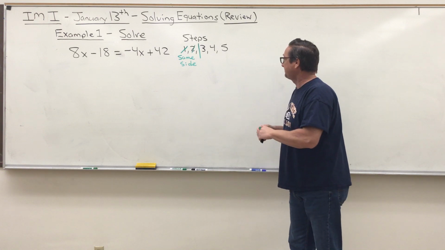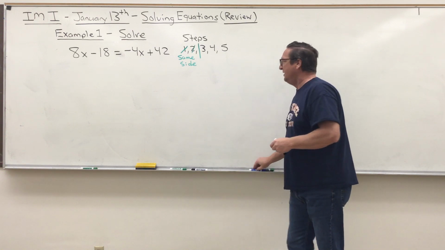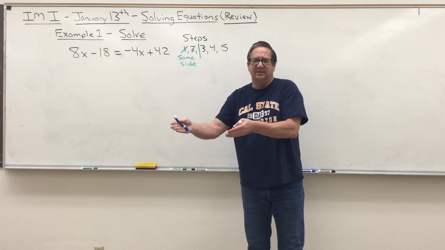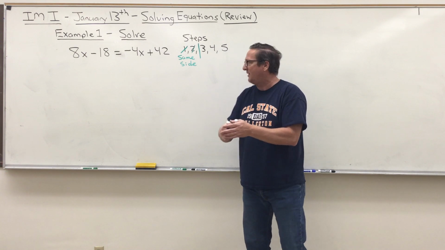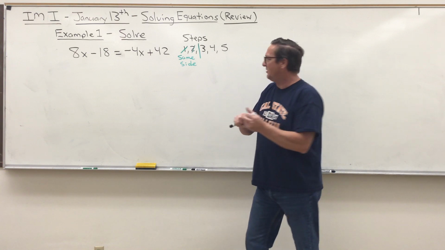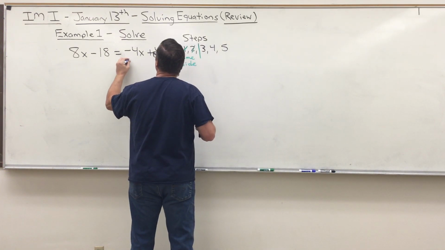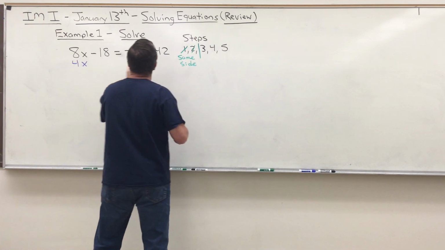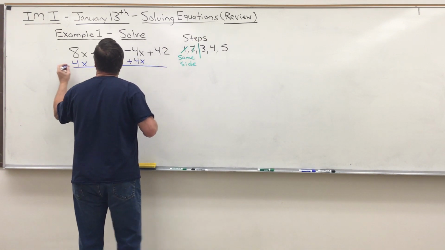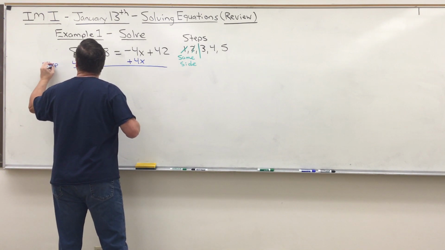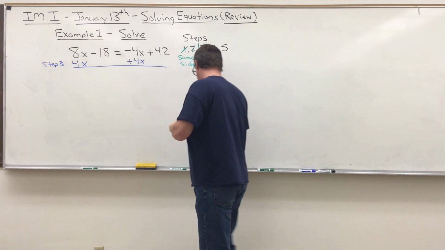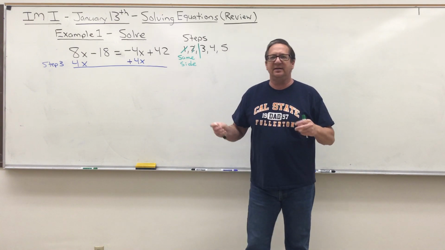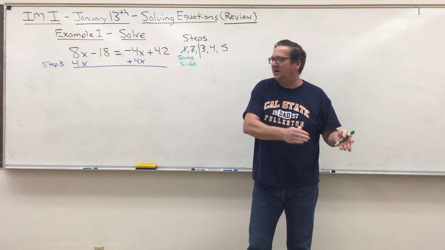All right, so step 3, move the variable term to the other side, okay, and usually to the left. So this is where we start working our opposites. Because basically the opposite of negative 4x is positive 4x.